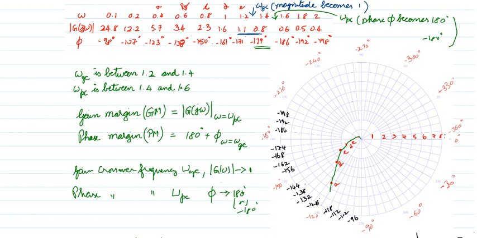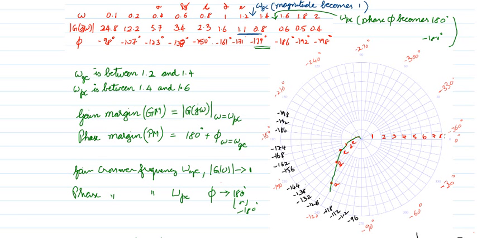Look at how many circles we have: 1, 2, 3, 4, 5, 6, 7, 8 circles. So I am taking each circle as a magnitude of 1. This entire circle is 1, this is 2, this is 3, this is 4, this is 5. So I am taking 8 magnitude circles, each of magnitude 1, and it is increasing, right?